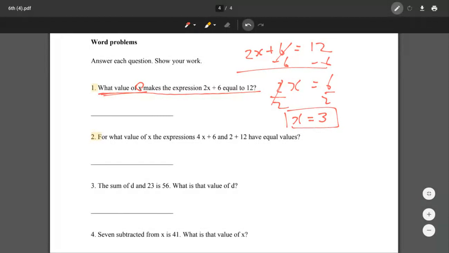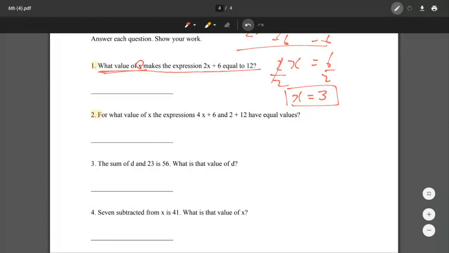And then for number 2, for what value of x the expressions 4x plus 6 and 2 plus 12 have an equal value.